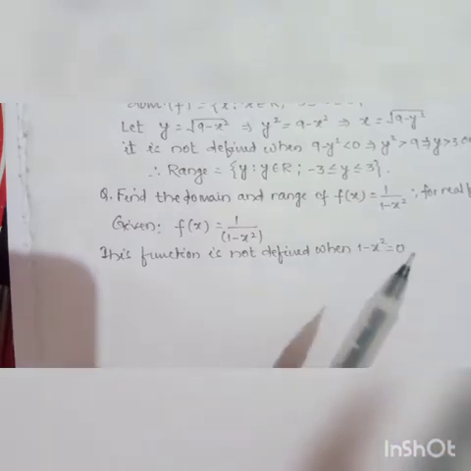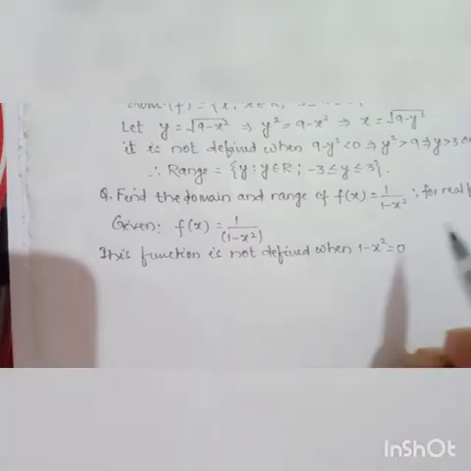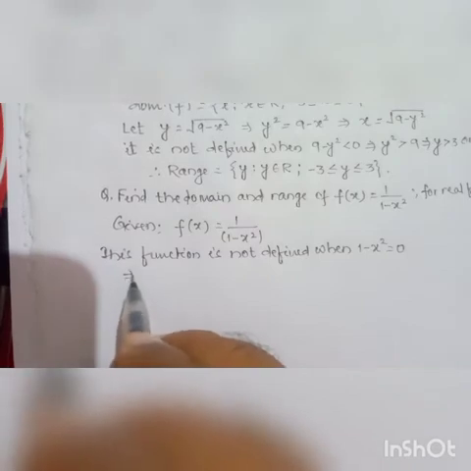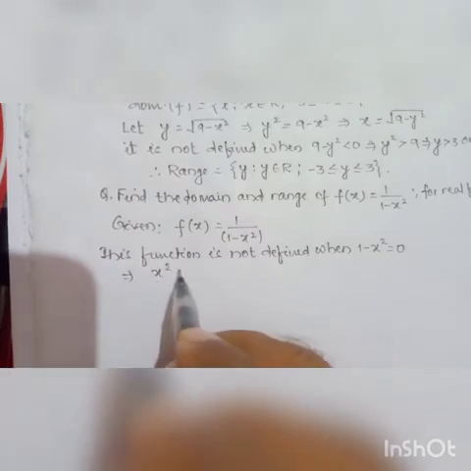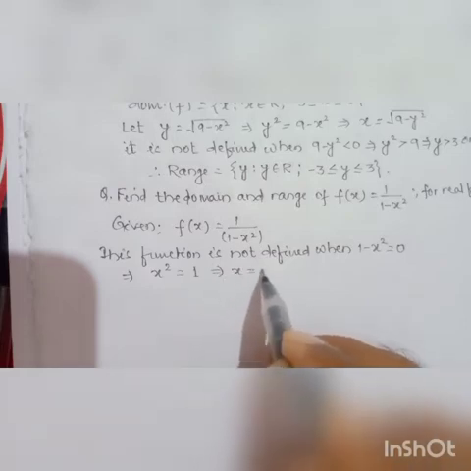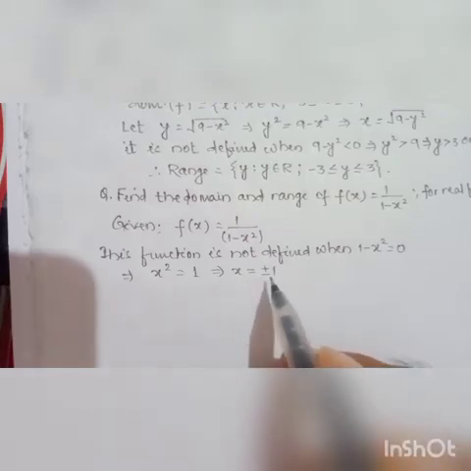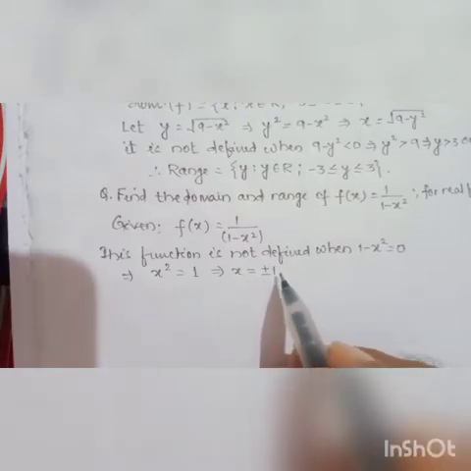So when the denominator is 0, then this function is not defined. This means x square should be equal to 1, and hence x is equal to plus minus 1. It has only two values where the function is not defined.